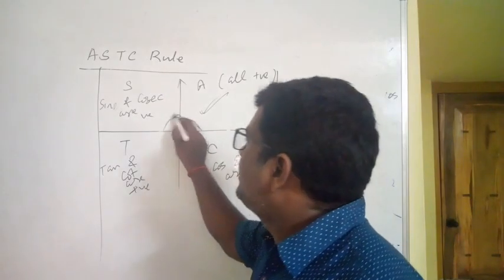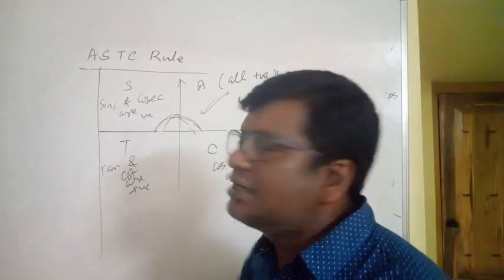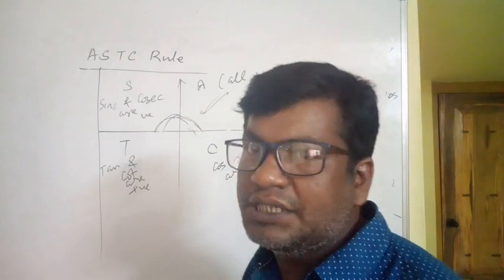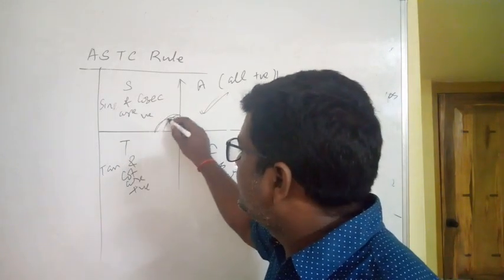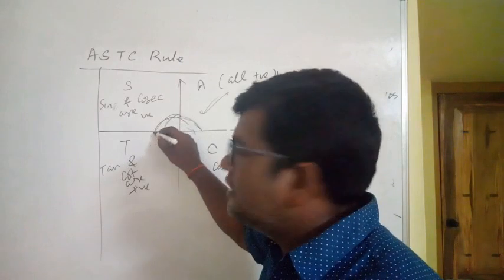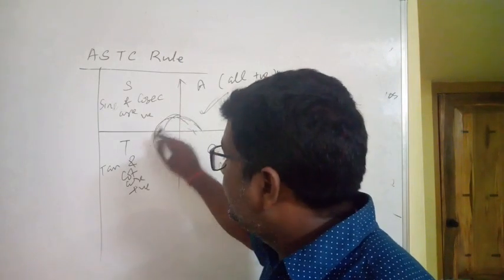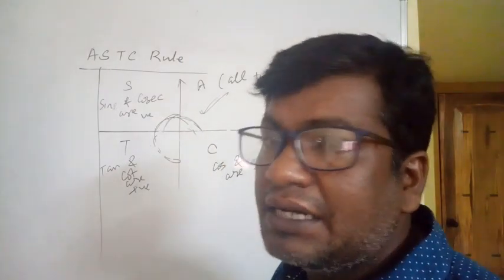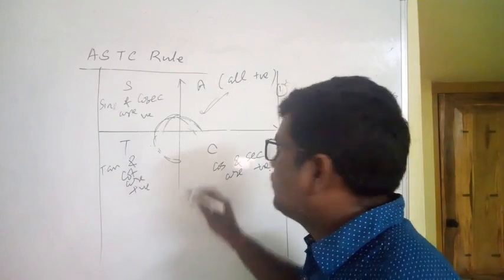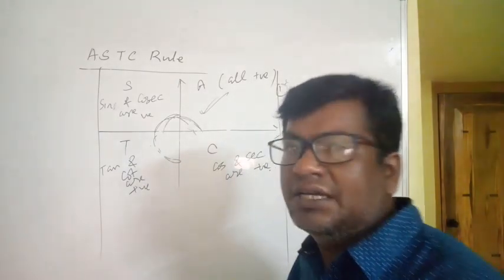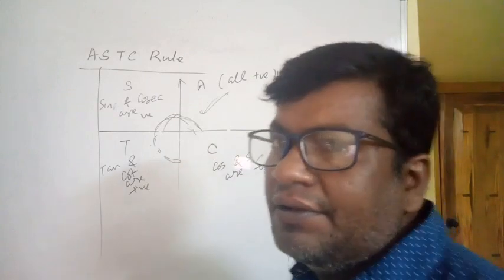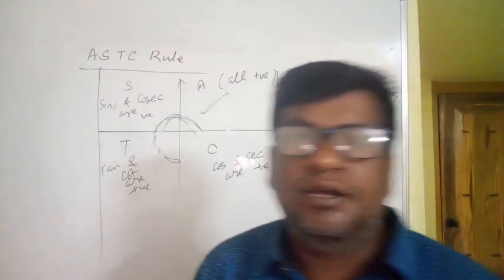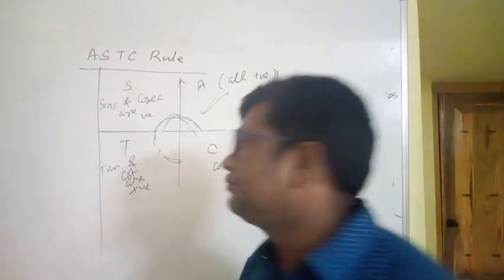And this is 90 to 180, second quadrant, sine and cosec positive, others are negative. And this is T, 180 to 270, tan and cot positive, others are negative. And 270 to 360, cos and sec positive, that is the fourth quadrant, others are negative. These are the facts about the ASTC rule.